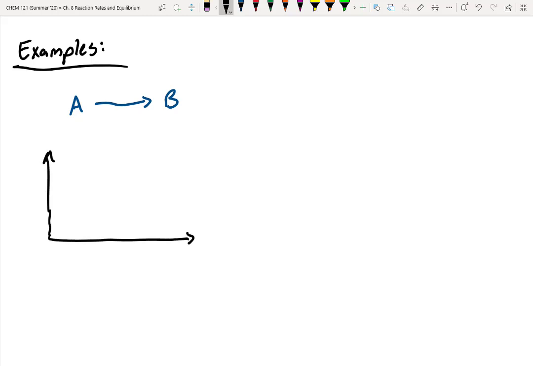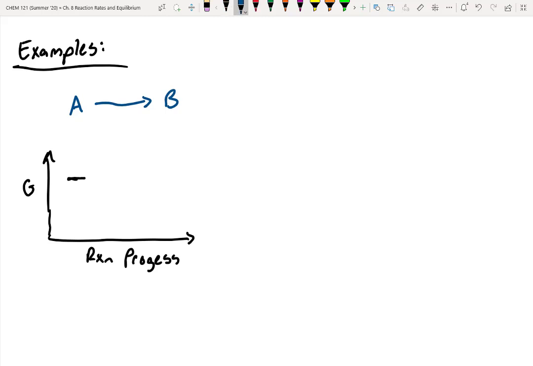Over here, we've got our reaction progress, meaning we start out as A, and then over time we get to B. On our other axis, we've got Gibbs free energy, which I'll call G. In this example, we'll do something easy. We'll say originally our starting materials are going to be at a specific energy.